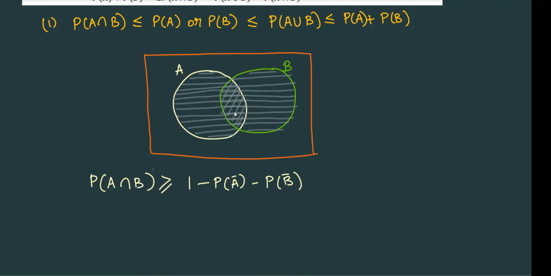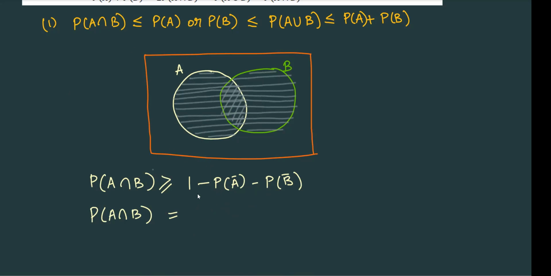Now P of A intersection B is equal to P of A minus P of A but not B. Okay, there are many other ways to do it.